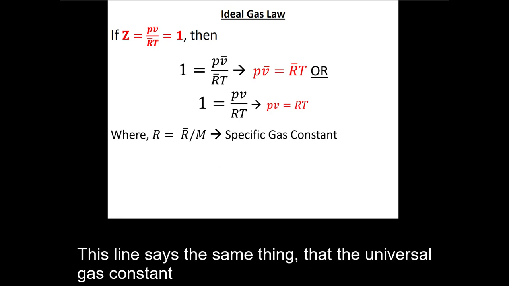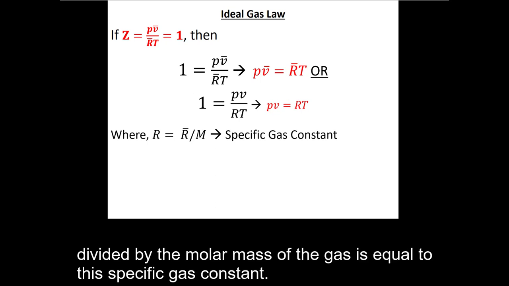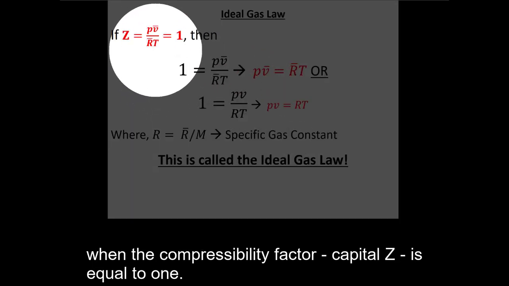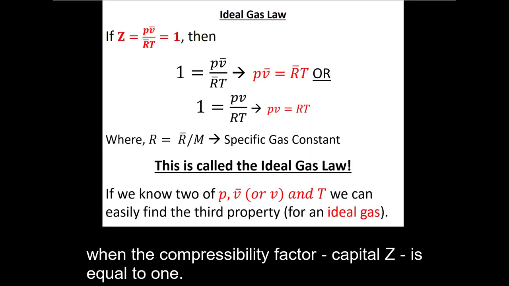This line says the same thing, that the universal gas constant divided by the molar mass of the gas is equal to this specific gas constant. Either form of this equation is the ideal gas law. We get this ideal gas law when the compressibility factor, capital Z, is equal to 1.